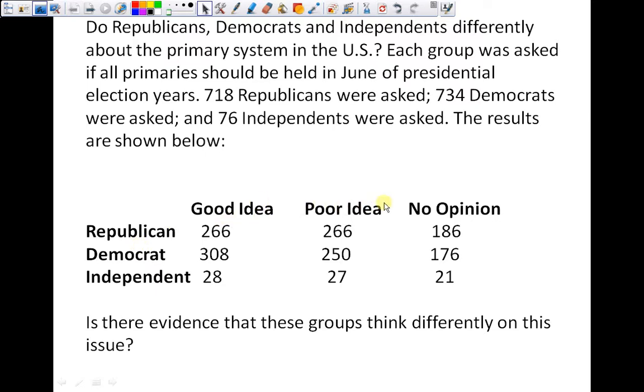And the other question is, how do you feel about this issue? Okay, so one group, we asked them 2 questions. That's test of independence. So before, if you took a group of Republicans and you're really just asking them 1 question: do you think it's a good idea, poor idea, or no opinion? Okay, so that's the difference between test of homogeneity and independence.